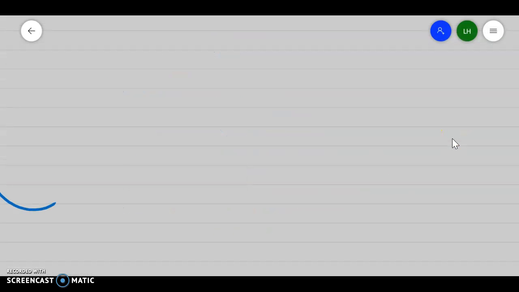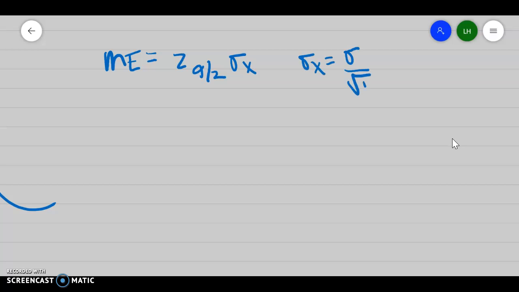So our margin of error, the formula again is just your z value times your standard error, and to get the standard error, you do the standard deviation divided by the square root of n. So to find z, first we take our alpha, and this is 91%.